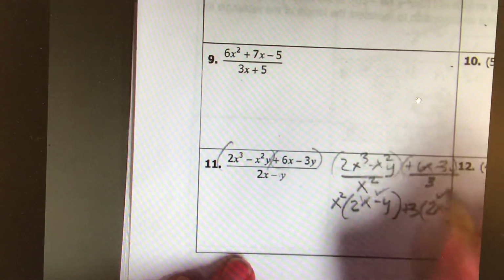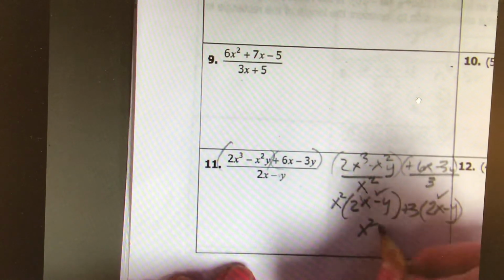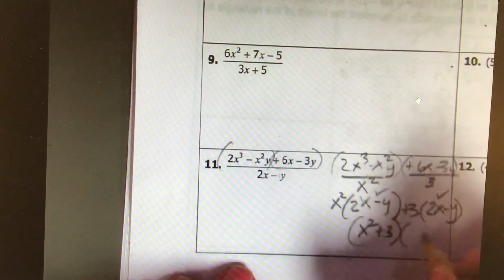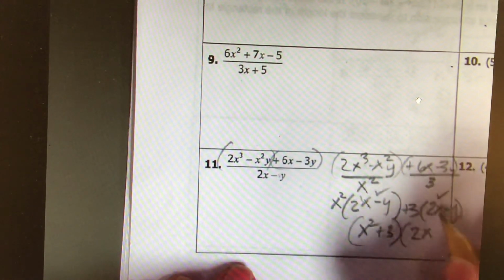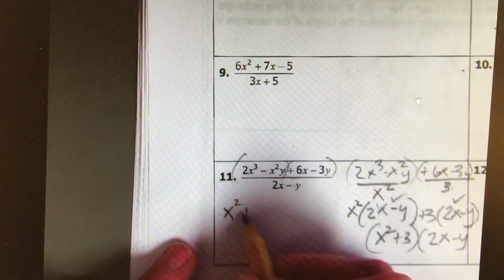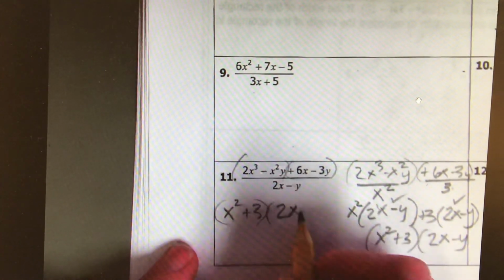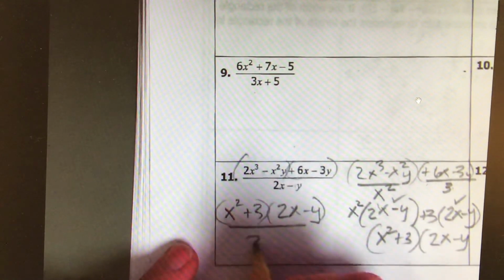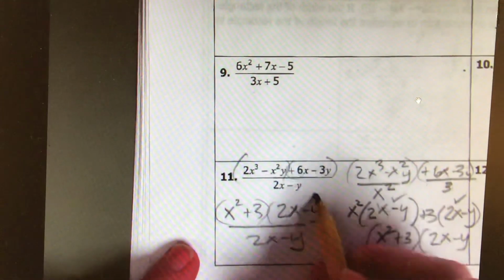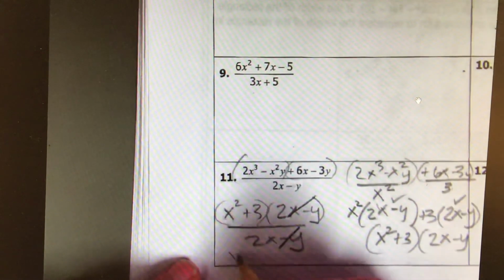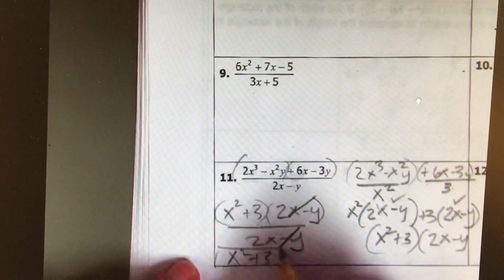It checks out. So I'm going to have x squared plus 3. And I'm going to multiply it by 2x minus y. So all of that, assuming I did it right, please check me. Email me if I'm wrong. Over 2x minus y. Oh, great. Cancel, cancel. X squared plus 3 is the answer.